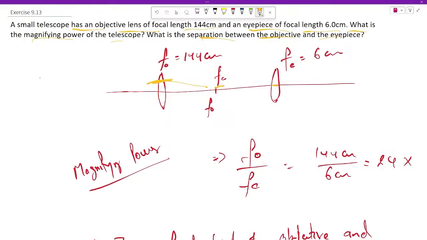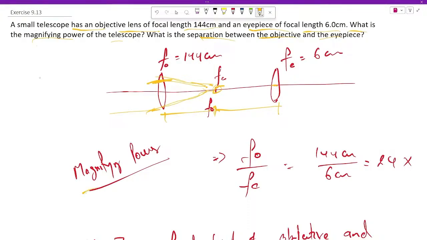That is, the total length of this telescope would be given by focal length of the objective plus focal length of the eyepiece. Now here, since the rays are approaching from the infinity, we assume that the image is formed at the focus of the objective, the second focal point of the objective, and that image will be used as a virtual object for this eyepiece to form the final image.